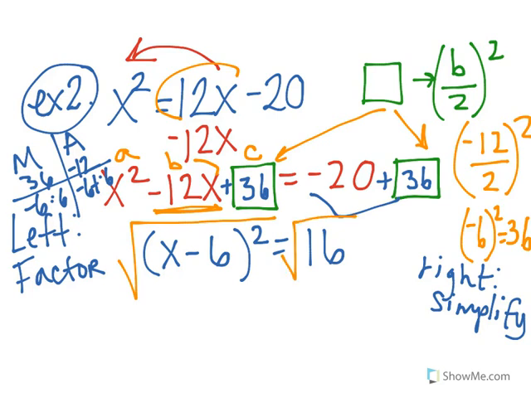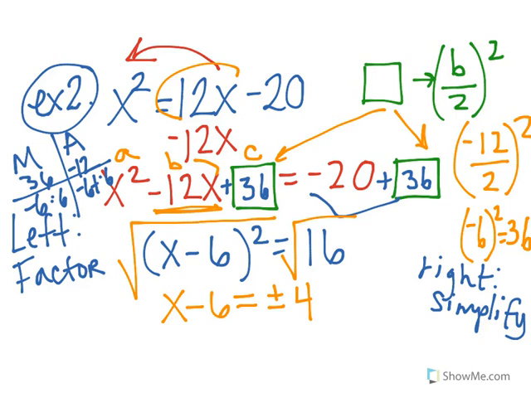If you take the square root of both sides, the square root and the square cancel out on the left side. You just have x minus 6. And over here, the square root of 16 is a perfect square, so you can do plus or minus 4, because every square root is a plus or minus number.